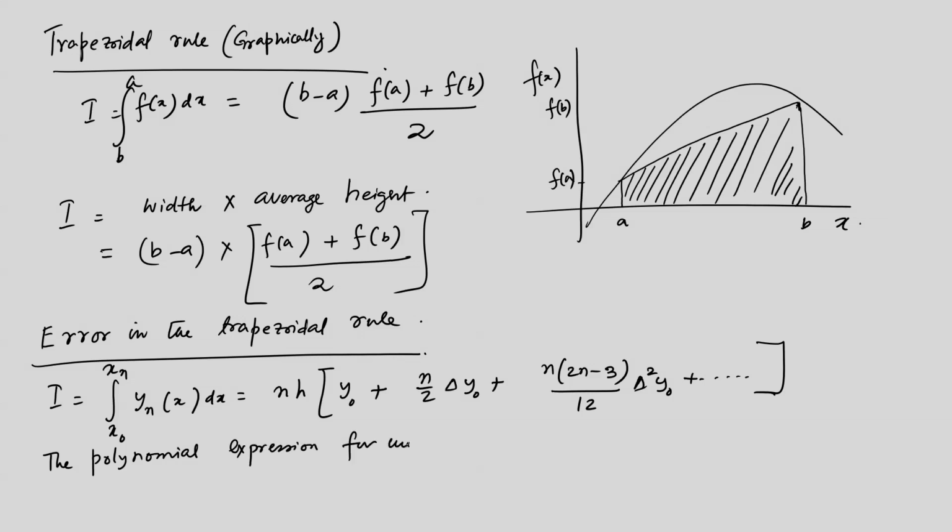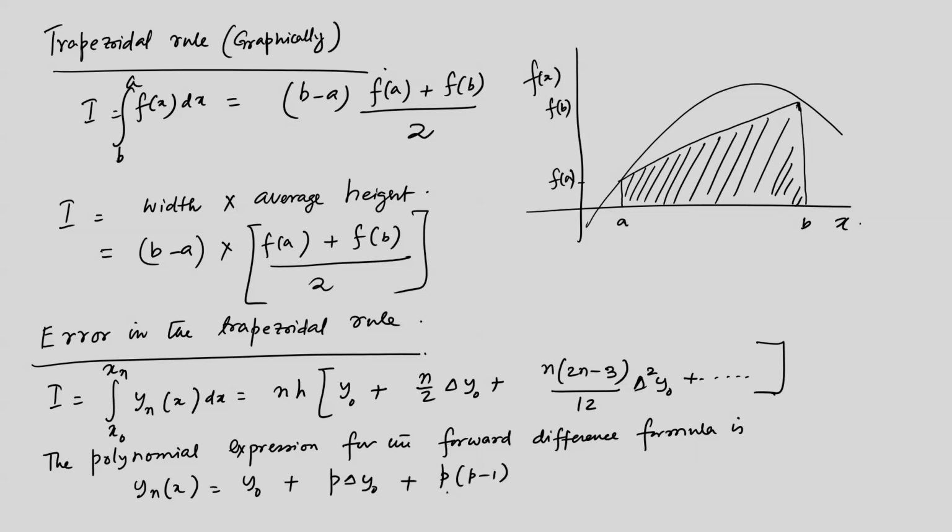So, now the polynomial expression for the forward difference formula is y n x equal to y 0 plus p delta y 0 plus p into p minus 1 by 2 factorial delta square y 0.